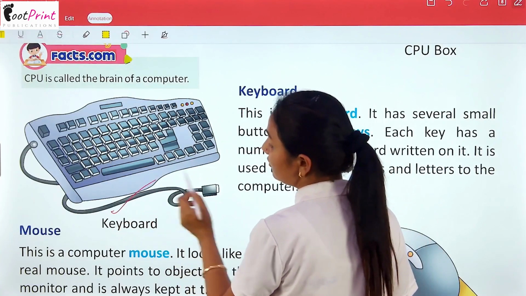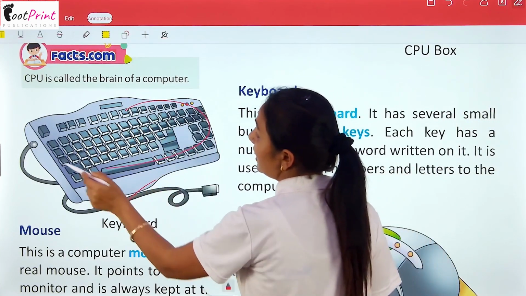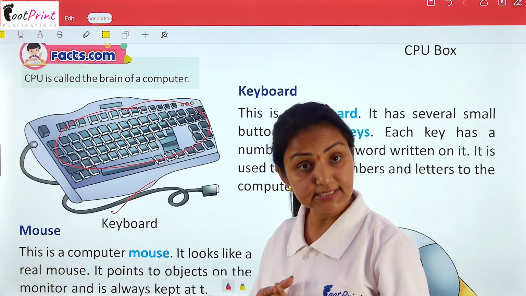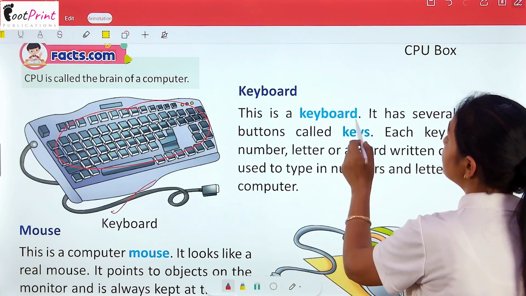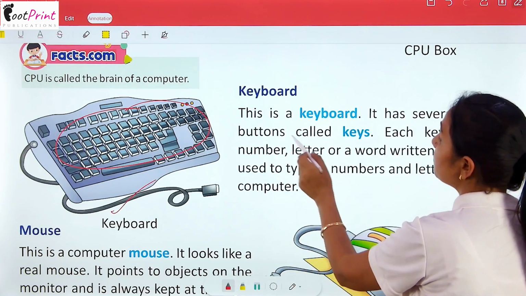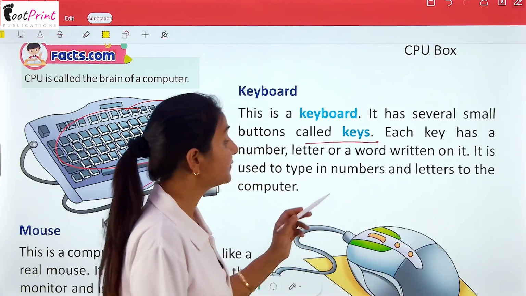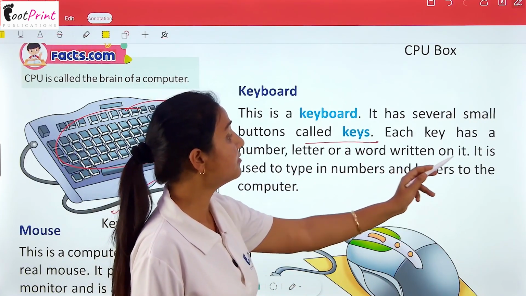Next is your keyboard. Students, this is the picture of your keyboard. As you can see here, so many buttons are here. What do we call these buttons? Keys. Okay, this is the keyboard. It has several small buttons called keys, right? Each key has a number, letter or word written on it.